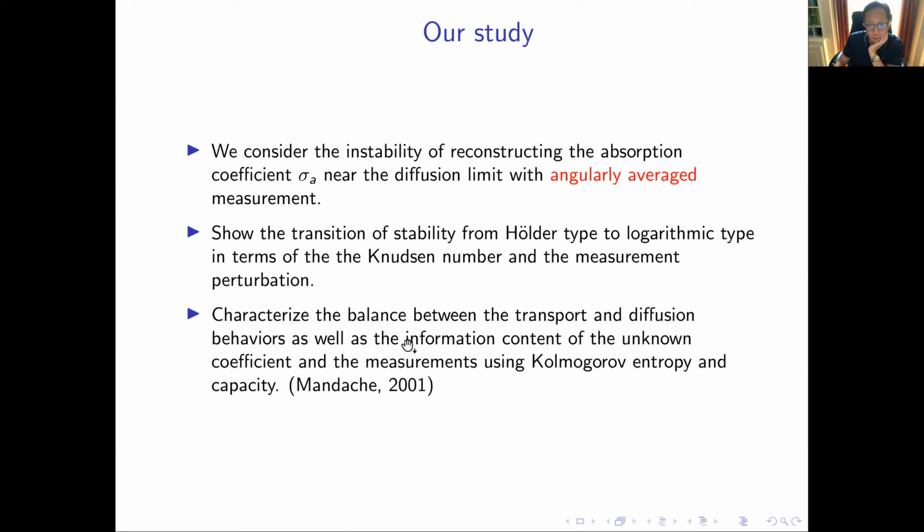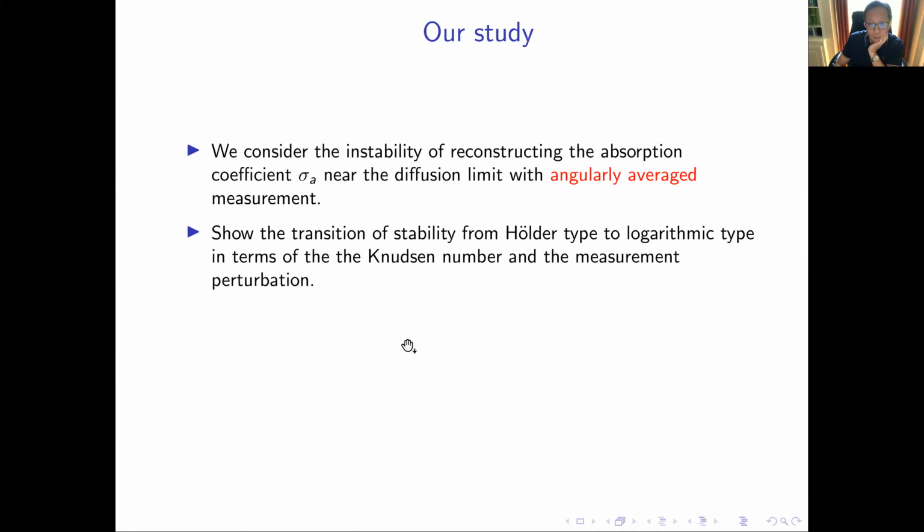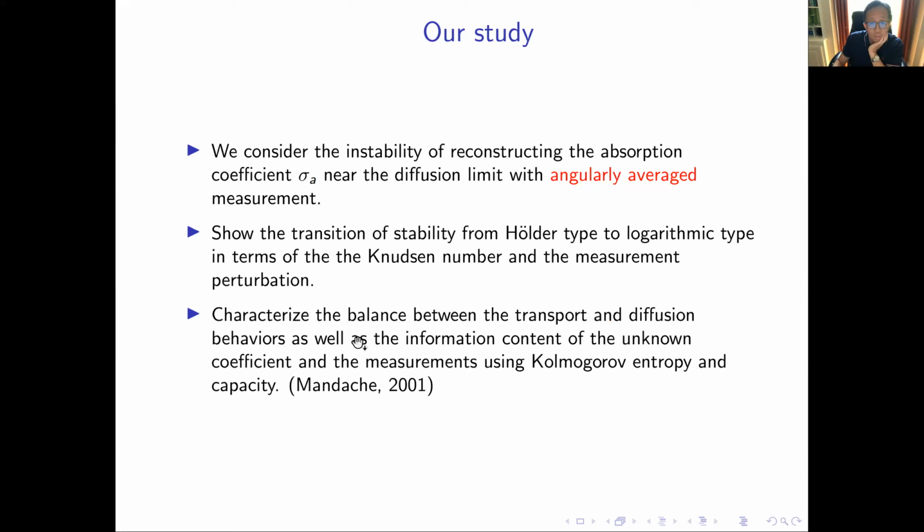And it characterizes the balance between the transport and diffusion, which one is more dominant. But our result also shows it depends on the perturbation. You don't have an absolute criterion, but it also depends on the perturbation size or the noise size.